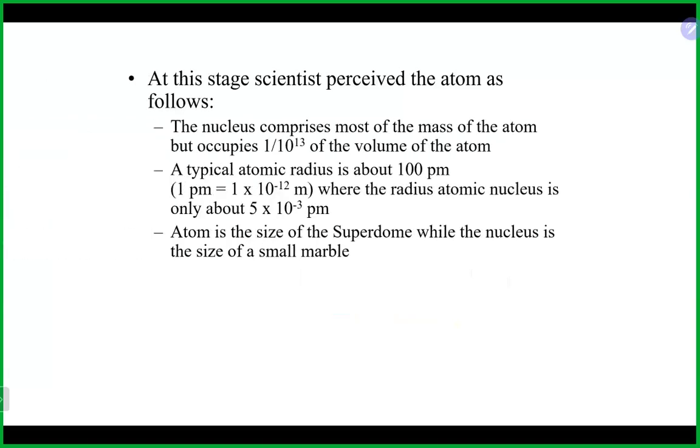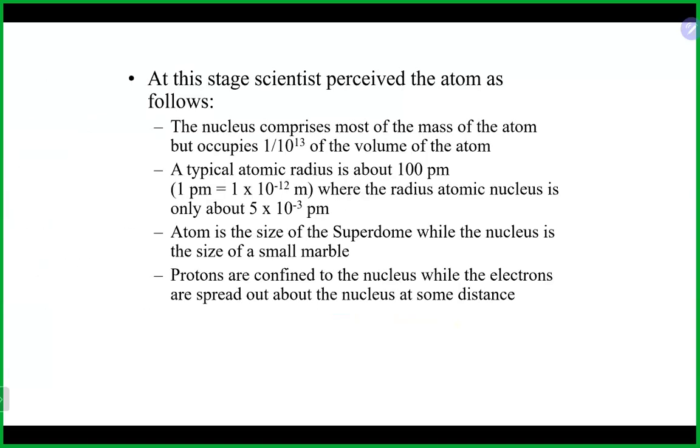Now, at this stage of the experiments, scientists basically had this understanding of the atom. The nucleus comprised most of the mass of the atom, but actually only took up a very small volume of the actual atom itself. So although the nucleus is the most massive part of the atom, it's actually the smallest part of it as well. So you could think of the atom like the Super Bowl, Superdome, or any type of big football stadium.